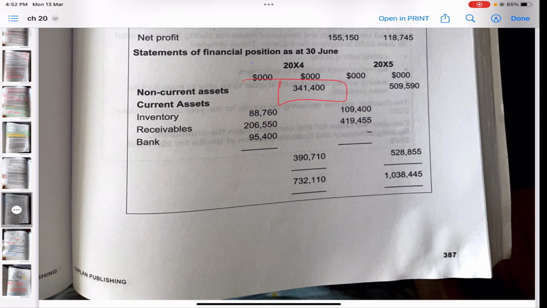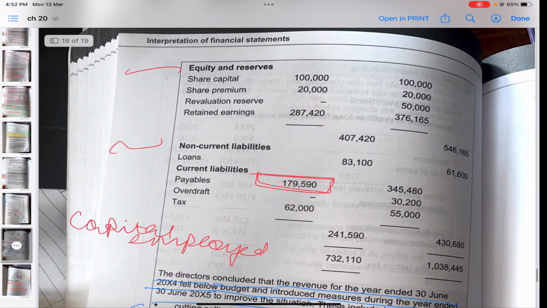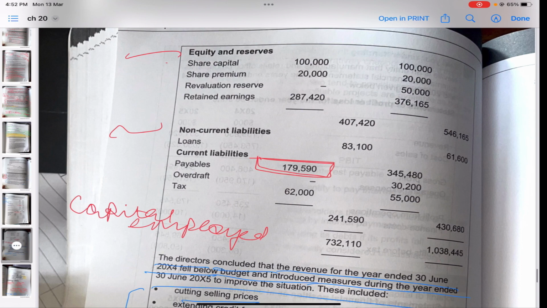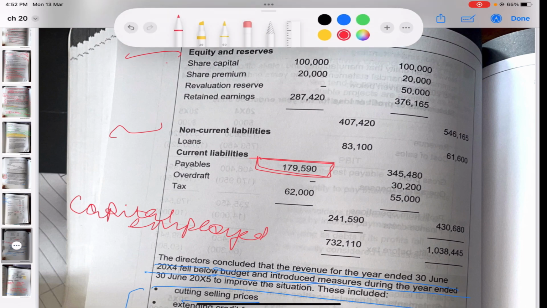So non-current assets is 732,110 plus equity and reserves is 407,420 plus non-current liabilities is 831,000. This would give me 1222630. But tell me, is that the answer? Take a moment and try to tell me the correct answer. Let's do it again.